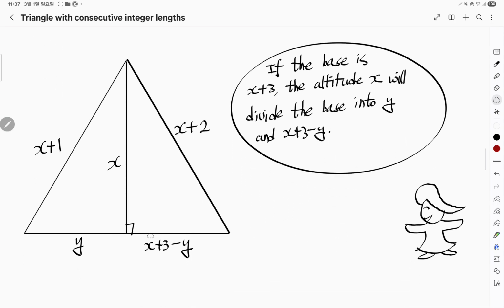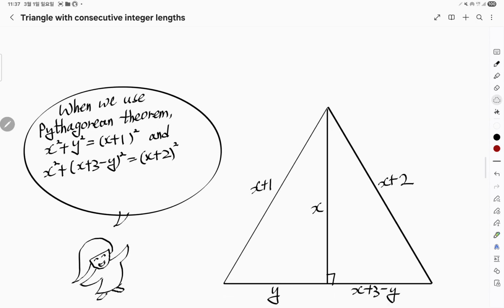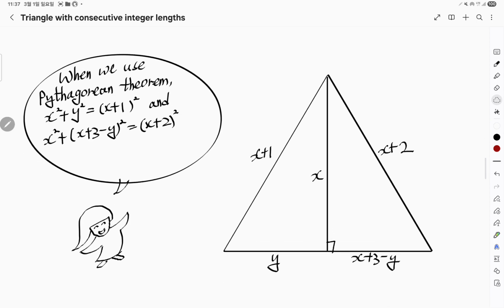If the base is x plus 3, the altitude x will divide the base into y and x plus 3 minus y. When we use the Pythagorean theorem, x squared plus y squared is (x plus 1) squared, and x squared plus (x plus 3 minus y) squared is (x plus 2) squared.